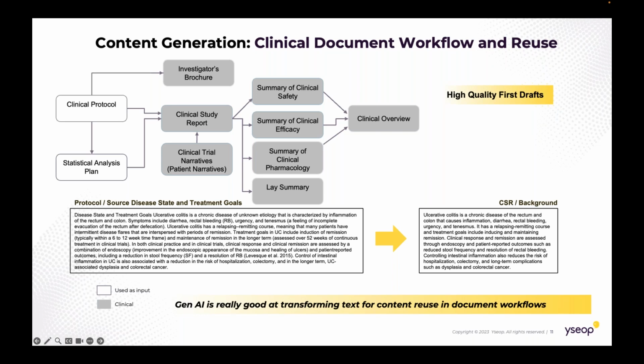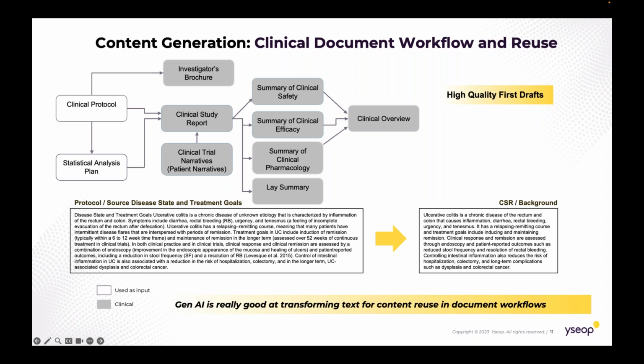And so let's think about it in a couple of ways. One, you may want to summarize information from a protocol before it gets into a clinical study report. You may want to change the tense of that information. You may want to apply some lean medical writing techniques. These are all things that generative AI models can do really, really well if they're trained appropriately.